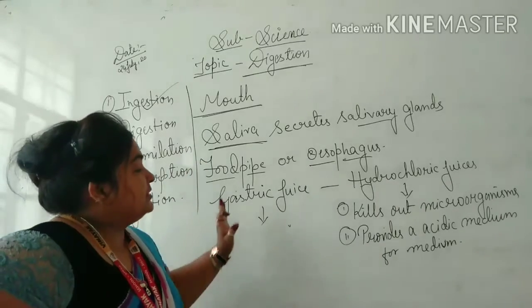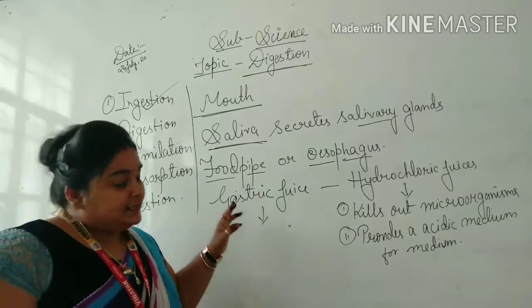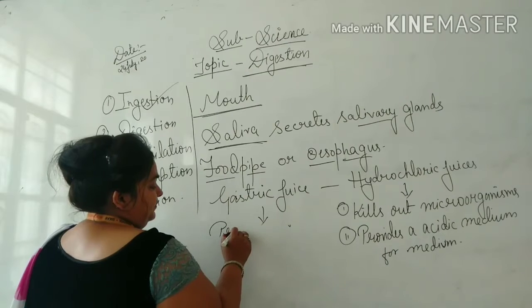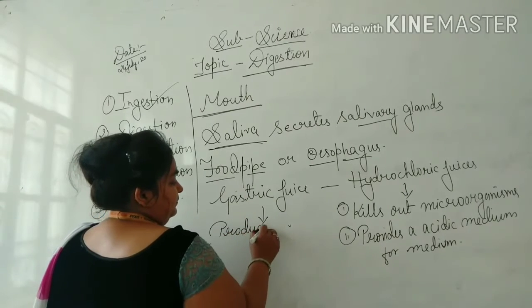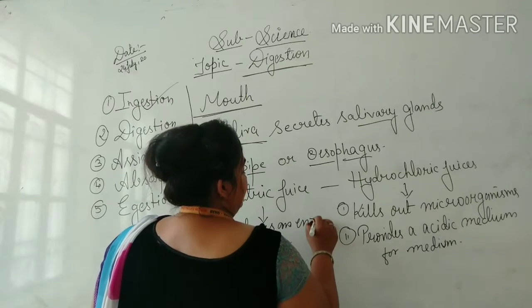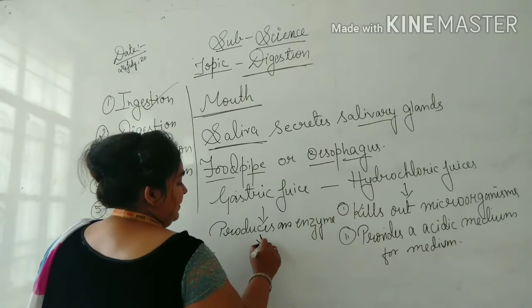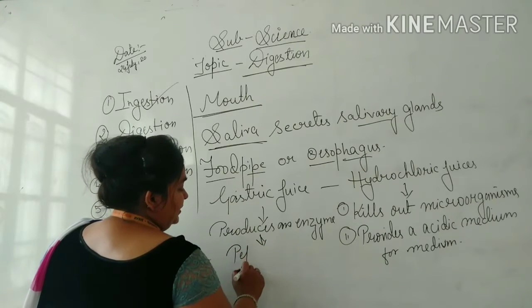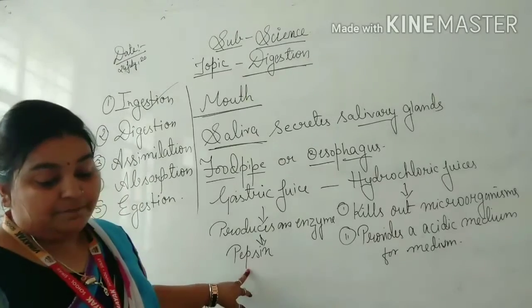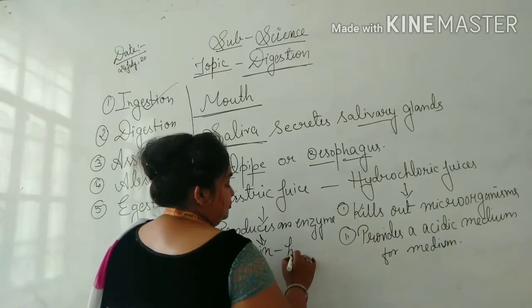Now what does gastric juice do? Gastric juice produces an enzyme. What do we call this enzyme? It's pepsin. Now what does pepsin do?